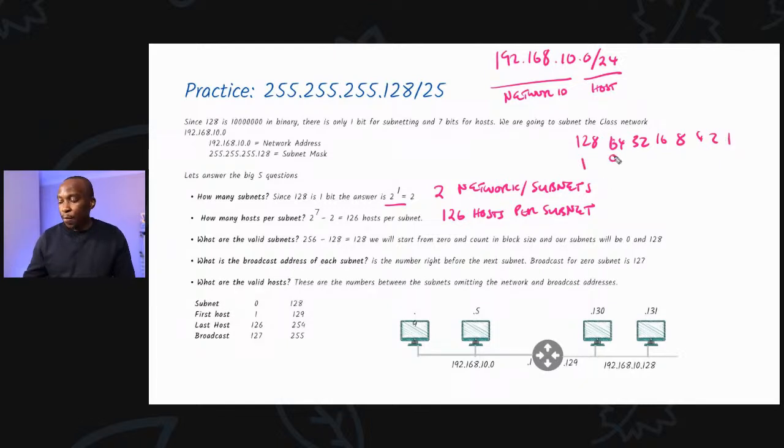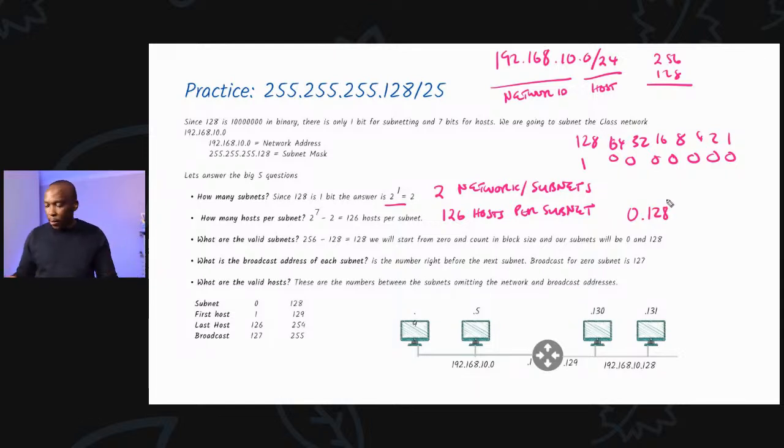When we borrow 1 bit, it means that we are taking 128. 256 minus 128 is going to give us 128. So our networks are going to increment in 128. So the first network is going to be 0, and the second network is going to be 128. Right, so we can only have 2 networks. We spoke about that here. And each network is going to have 126 hosts. So the valid subnets are 0 and 128.